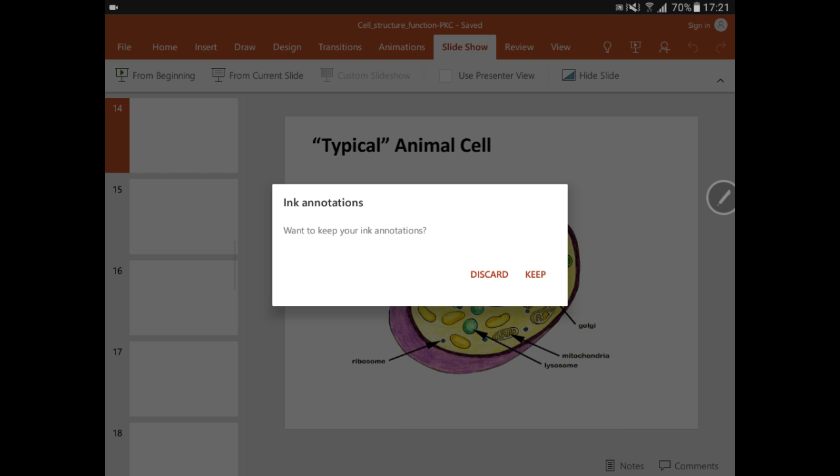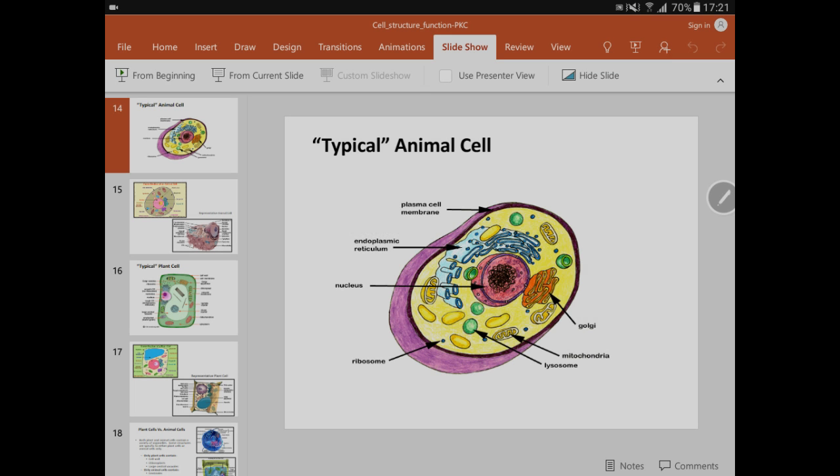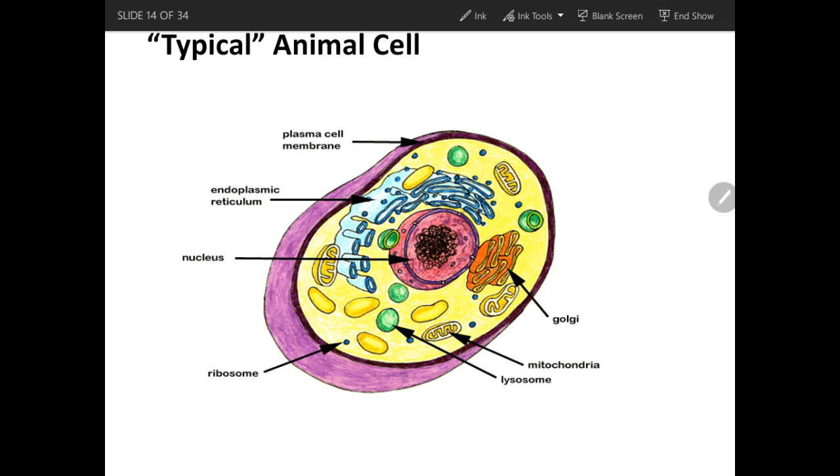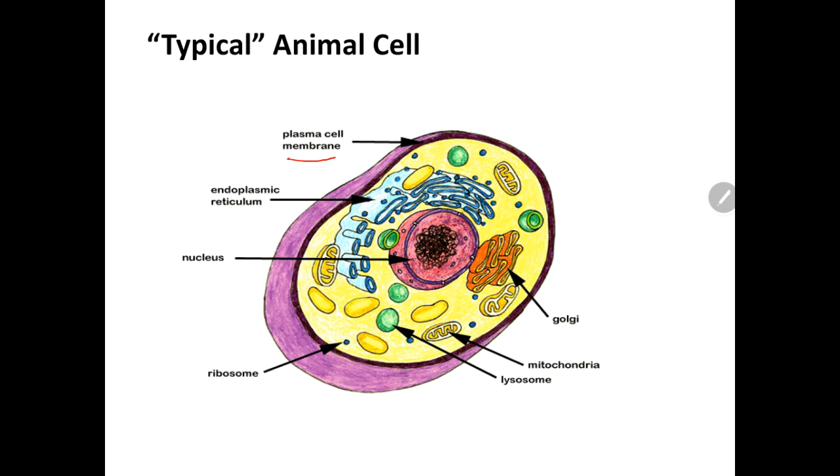This violet color border is called the plasma membrane, and this blue color with irregular shape is called endoplasmic reticulum, and the center is called the nucleus.